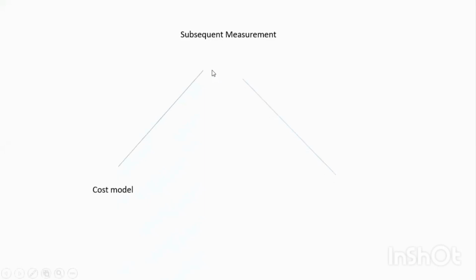So there are two models for that. The first is the cost model, and the second is the revaluation model. So a company can choose to either use a cost model or the revaluation model.